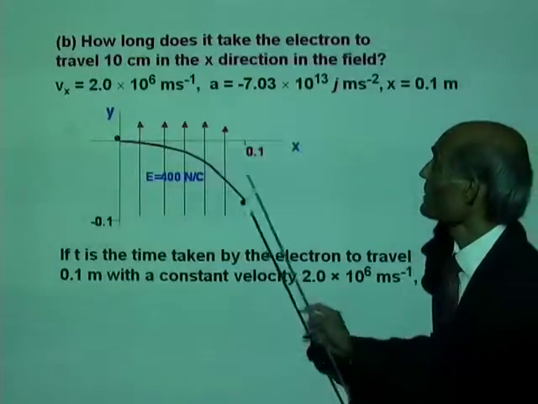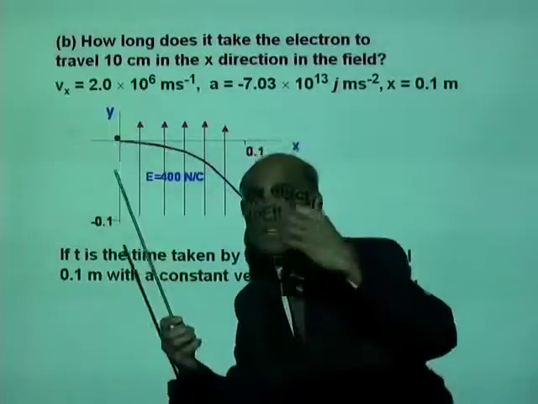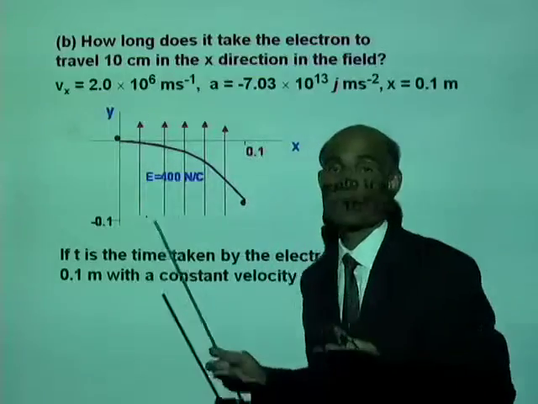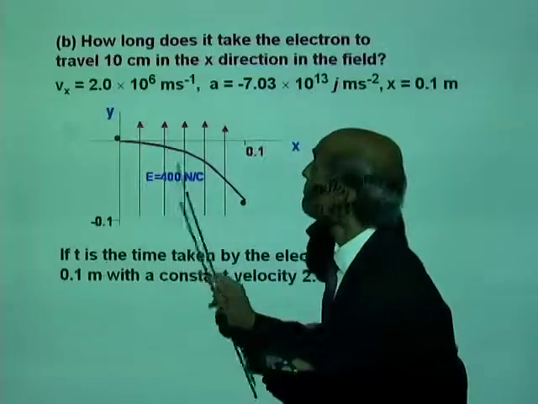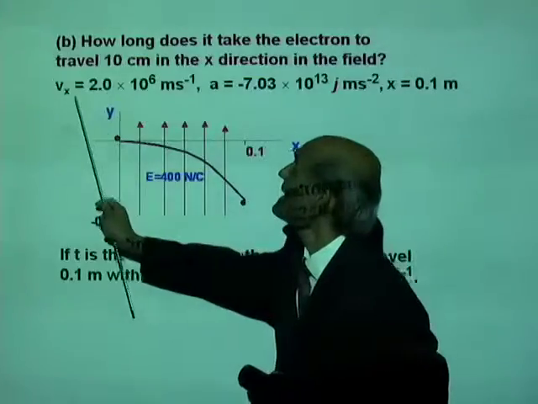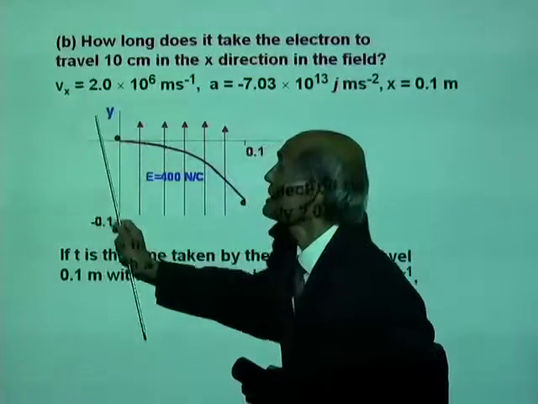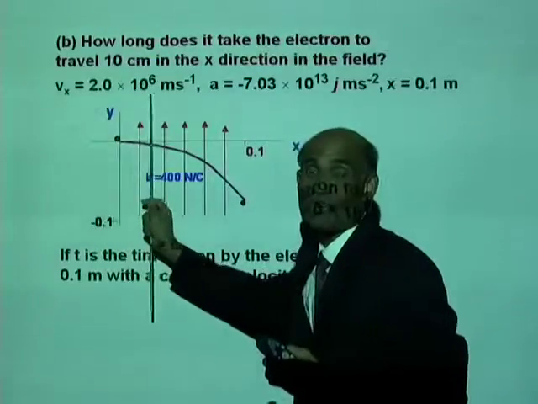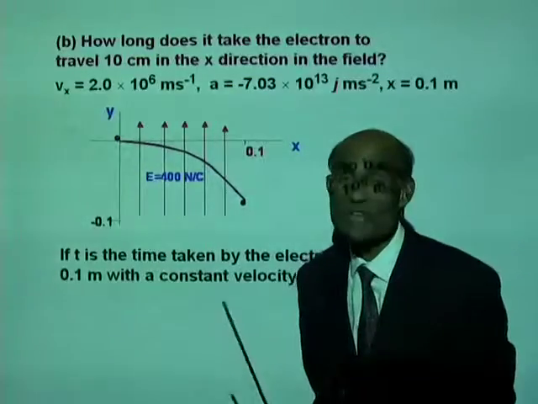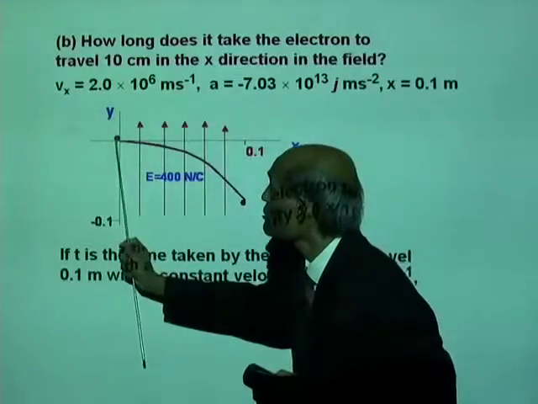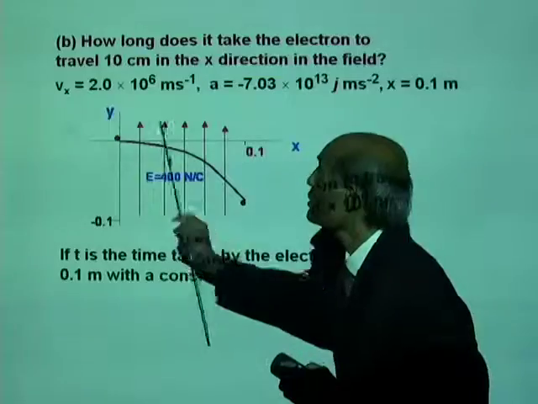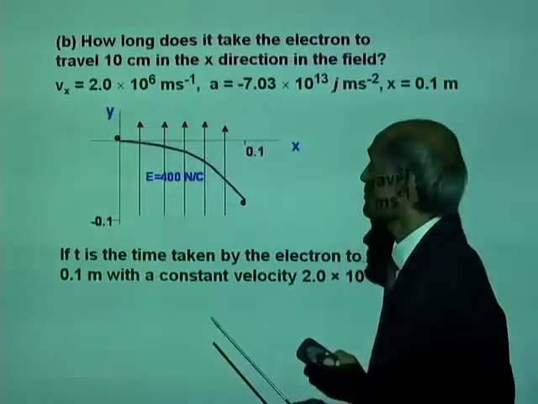And now, with that acceleration, the electron is falling. But before that, we must consider the x velocity. The electron has an x velocity which does not change. The electron is going to travel in the x direction with that uniform velocity.